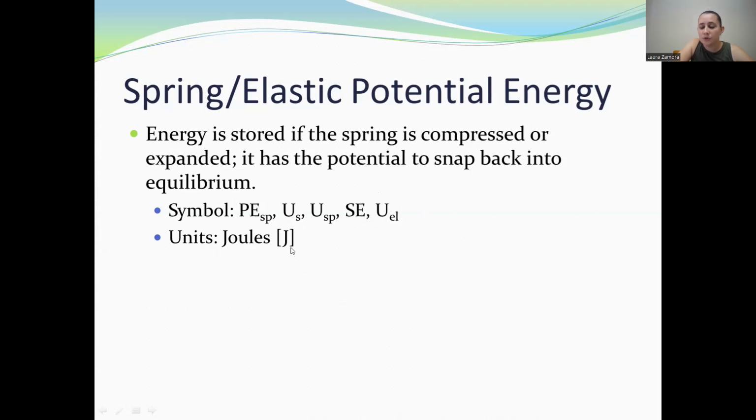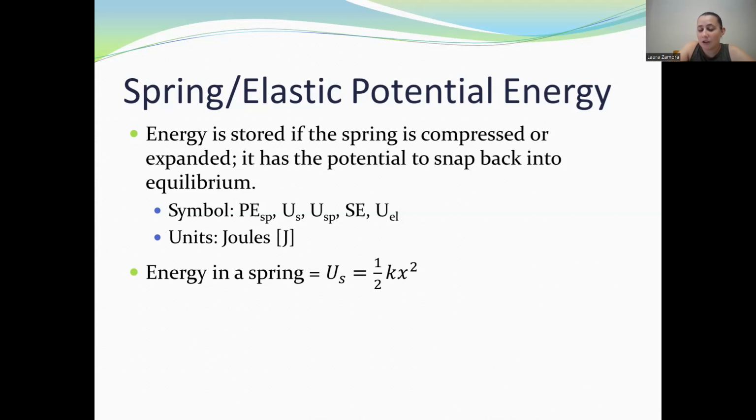The units of that are joules because it's a kind of energy. And the energy in a spring is calculated thusly as 1/2 kx squared. Now this equation is very, very similar to your equation for kinetic energy, which is 1/2 mv squared. So maybe that's a good memorization help for remembering these equations.